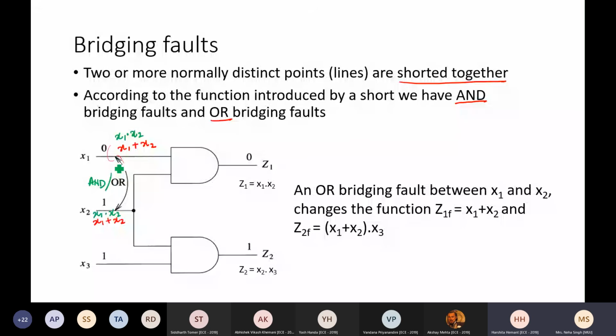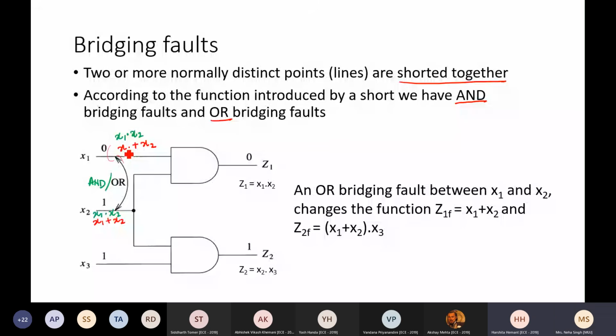What will be the output Z1 if an OR bridging fault exists? With an OR bridging fault, it means on this pin I get x1 plus x2, and on this pin also I get x1 plus x2. So what will be the value of z1?